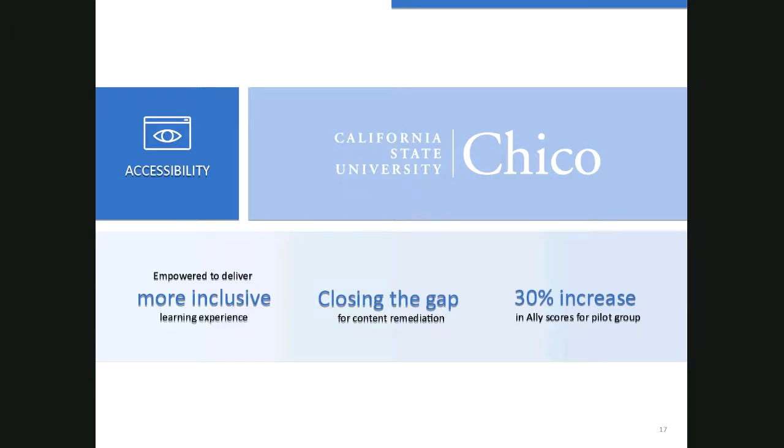They actually saw a 30% increase in their Ally scores, the scores that we see for the document, as we will show here, because faculty started a competition. It was not started by the institution, but by the faculty themselves, who wanted to have the best scores. And so they were competing to have the best scores.